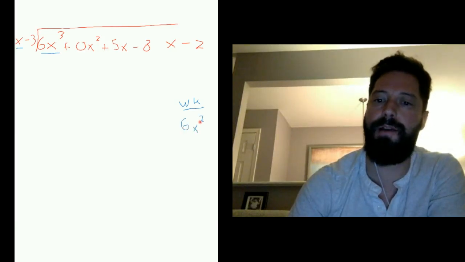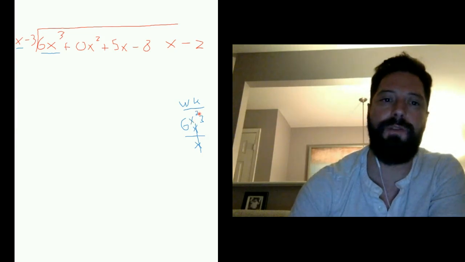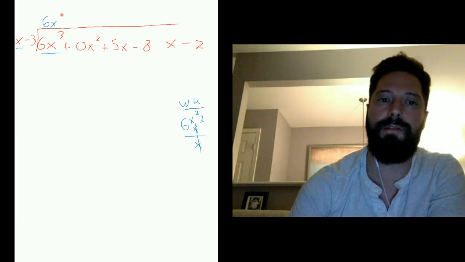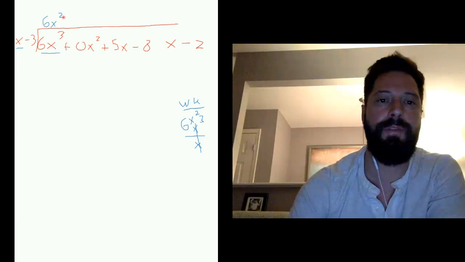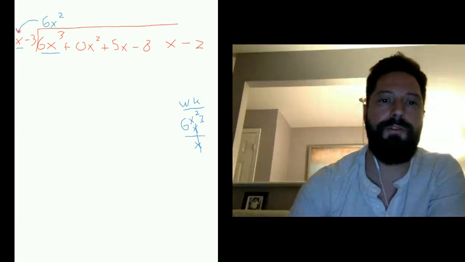That's what I'm going to put on top. That's a different way of looking at it. From there, I distribute the 6x squared to the x, and that gives me 6x to the third. I also distribute it to this negative 3, and that gives me minus 18x squared.